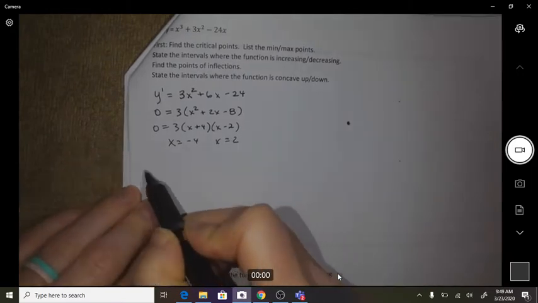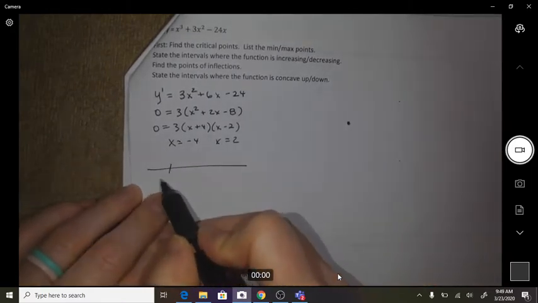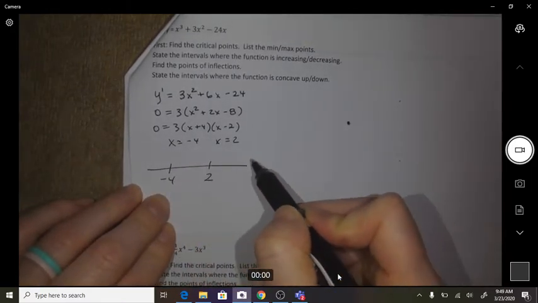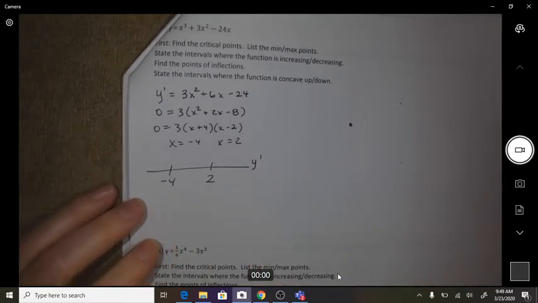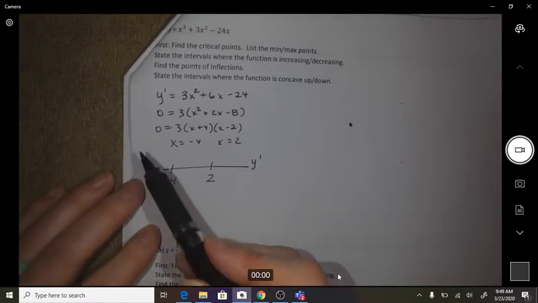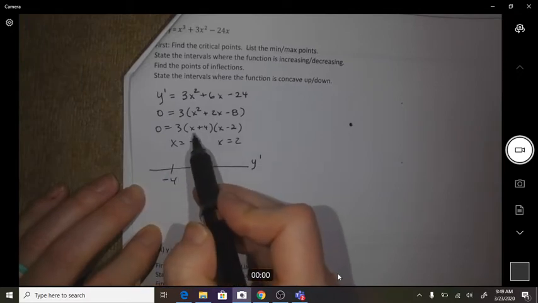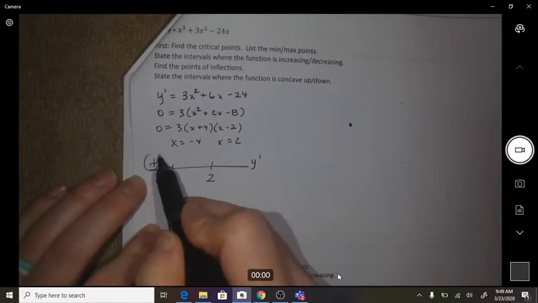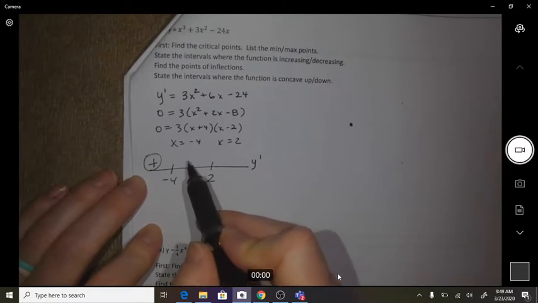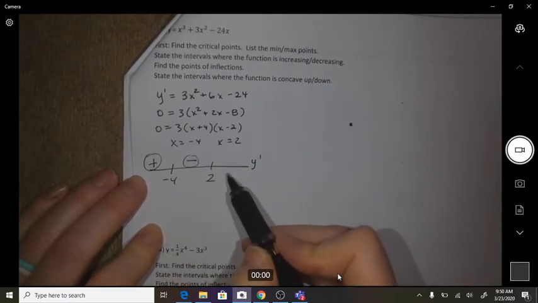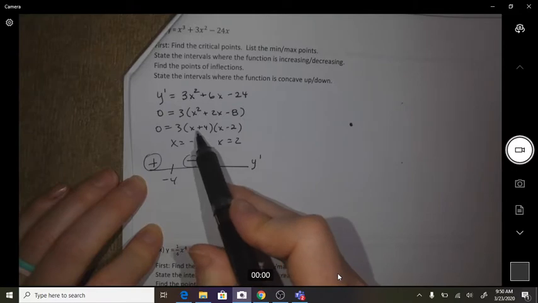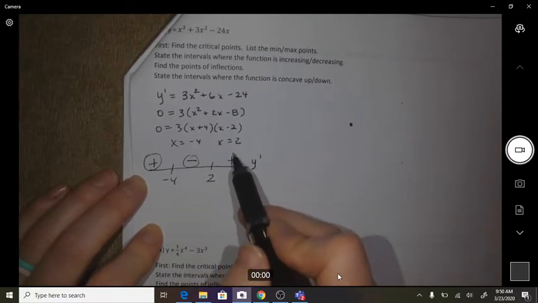Okay, so now on my number line, -4 and 2, what's happening with our slope? I'm going to plug in something like -6, negative makes positive, 0 makes negative, something like 5 makes positive.